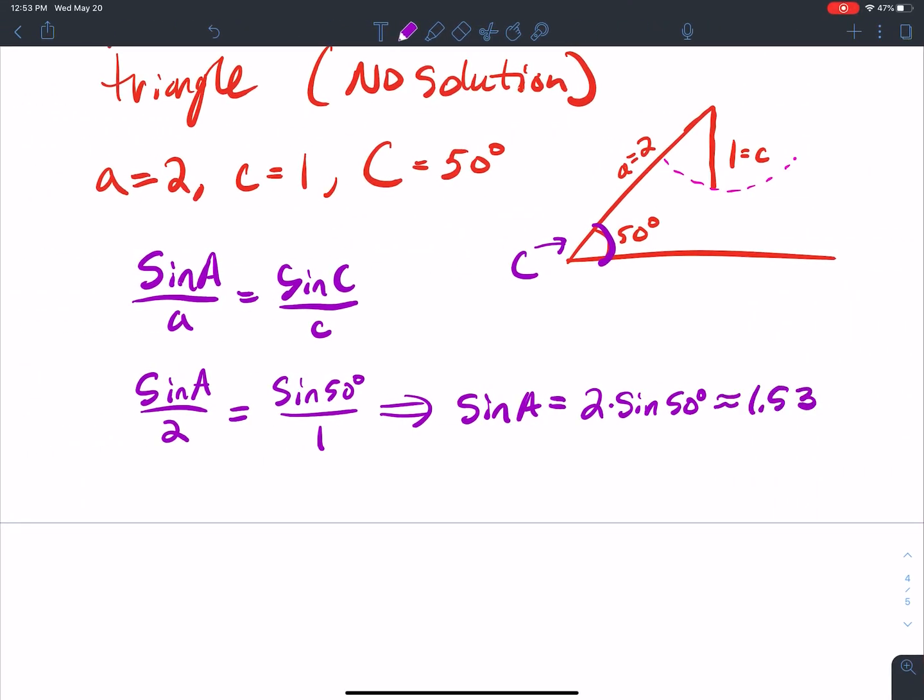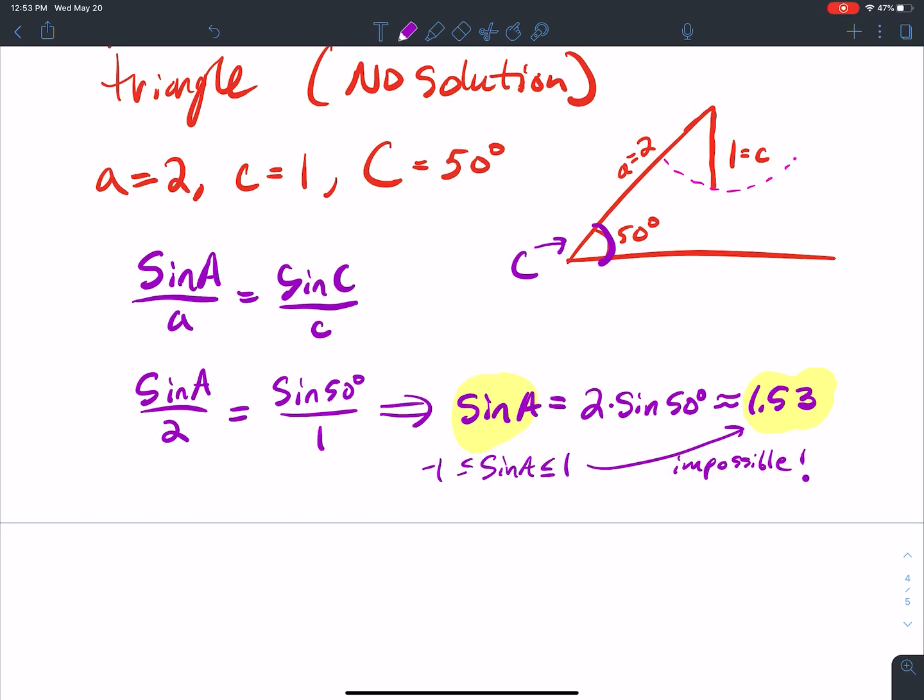1.53. Well, I've got a problem here. The sine of something cannot be greater than 1. The biggest it can be is 1. The sine of A, remember, is stuck between 1 and -1. So it's impossible to get 1.53.